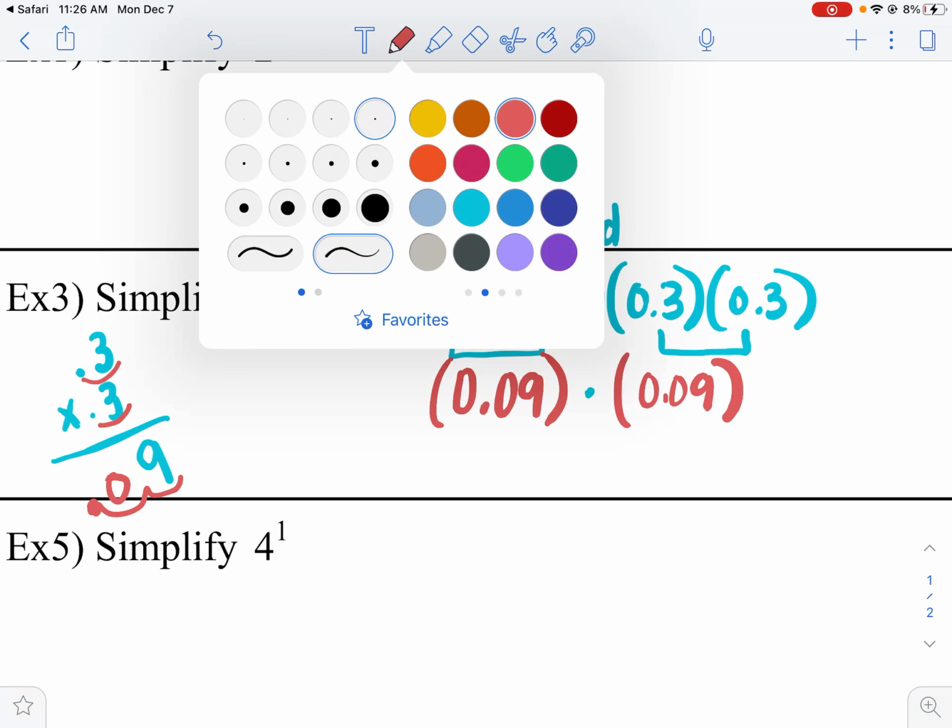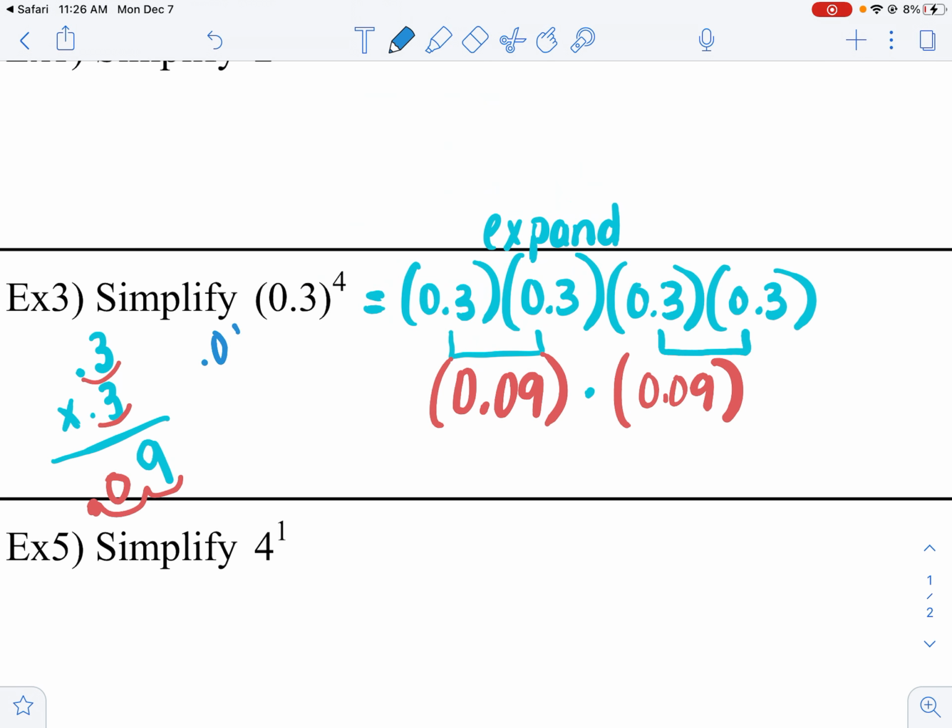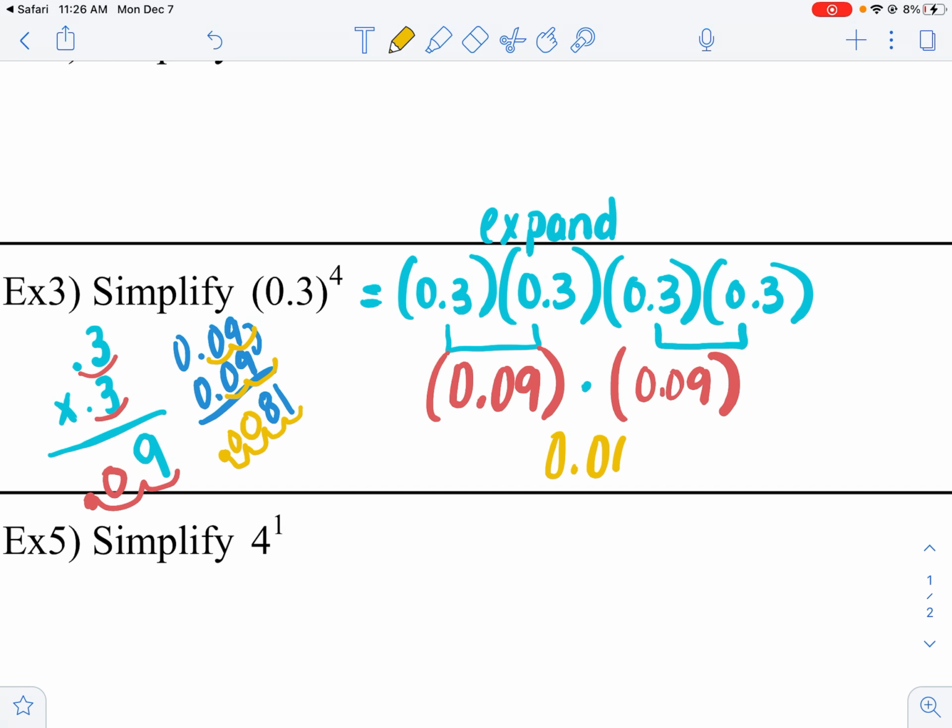And then we only have to multiply one more time. 0.09 times 0.09. Well, I know 9 times 9 is 81, and we have 1, 2, 3, 4 decimal places. So our final answer is 0.0081.